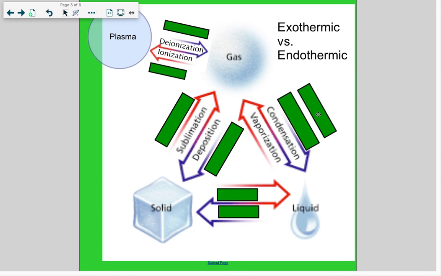Or if you had boiling, I'd be like, yeah, okay, but I'd prefer vaporization. All right, last thing, going from a solid to a liquid, that would be melting, and a liquid back down to a solid, that would be freezing. And that would be cold. Freezing cold, going from a liquid back down to a solid.